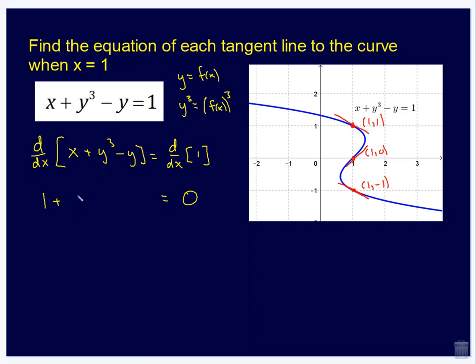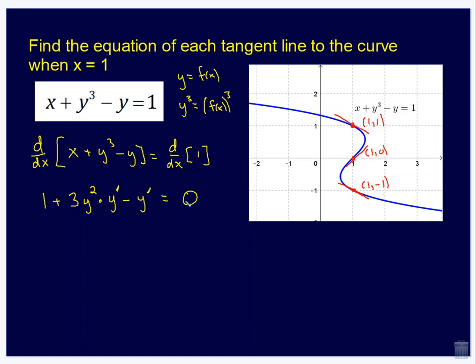So my chain rule would require the power rule apply first, 3 times that function squared, then multiply by the derivative of the function. We'll just call that y prime. And then over here, this is like saying what's the derivative of f of x? And the derivative of f of x is f prime of x. We will call that y prime.